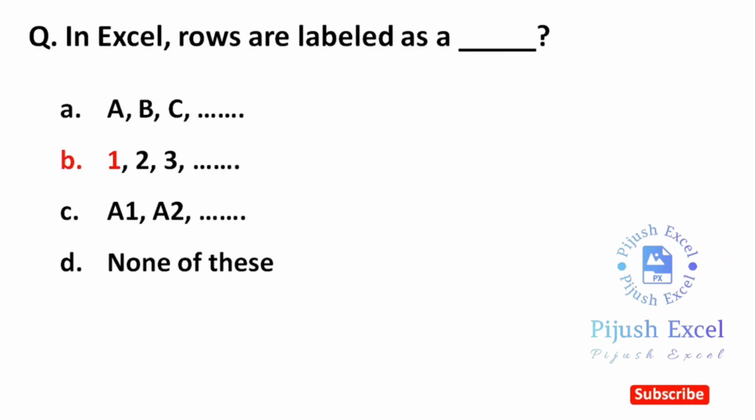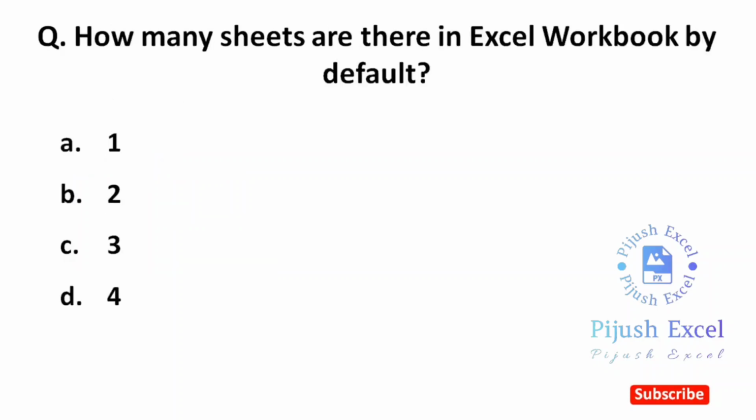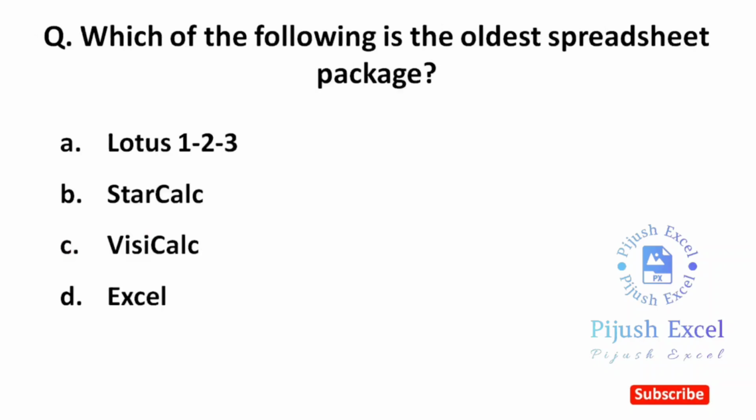Option B, 1 to 3. Next question, how many sheets are there in an Excel workbook by default? 3. Option C, 3. Next question, which of the following is the oldest spreadsheet package?